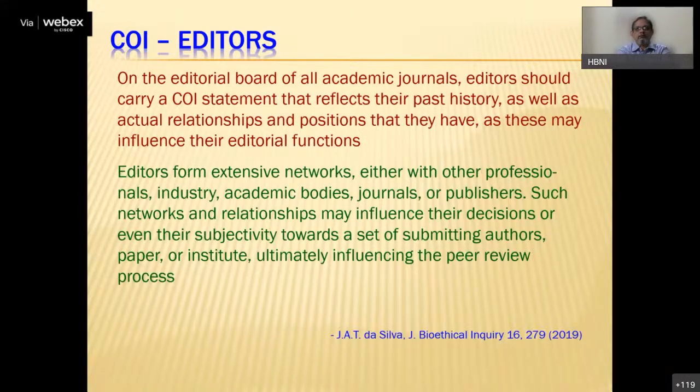And being on the editorial boards, they have even more power because editors form extensive networks with other professionals, industries, academic bodies, other journals, or publishers.